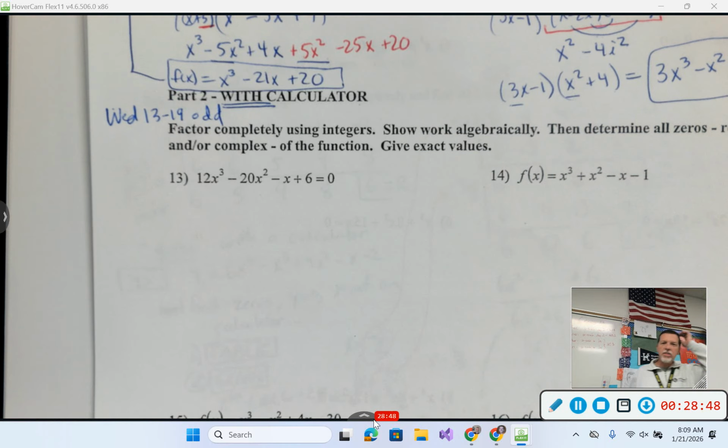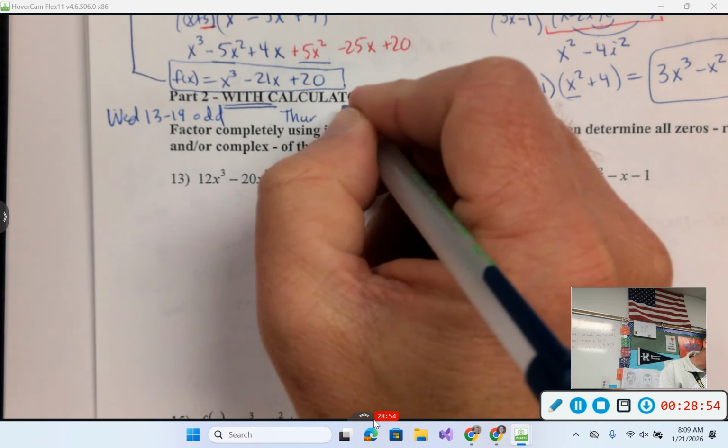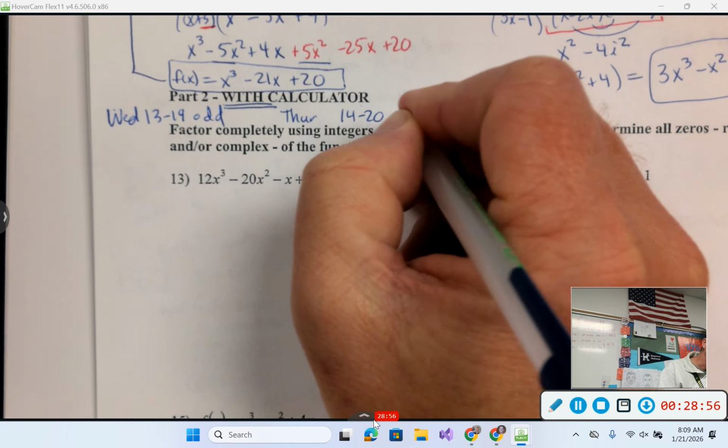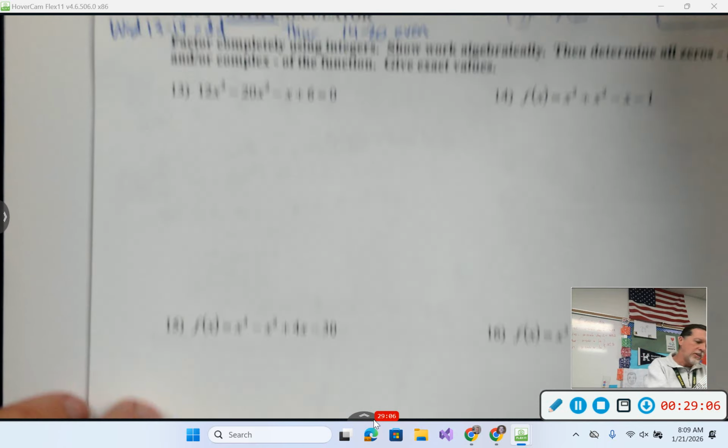Today we're going to do 13 through 19 odd. Maybe we'll have time to do 1 here in a minute. And then tomorrow, it's just more of the same, 14 through 20 even. The lesson is on one day, but we get 2 days to work on things because it's kind of complicated. We need to get used to the calculators.